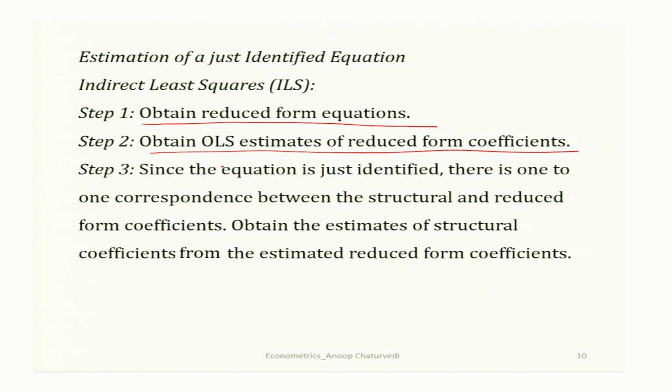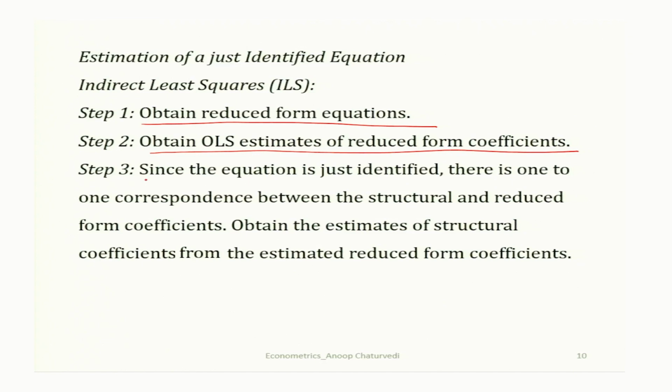You can easily apply the OLS procedure for estimating the reduced form coefficients, because in the reduced form as explanatory variables you have just predetermined variables which are uncorrelated with the disturbance term. So, the OLS procedure leads to consistent estimators.